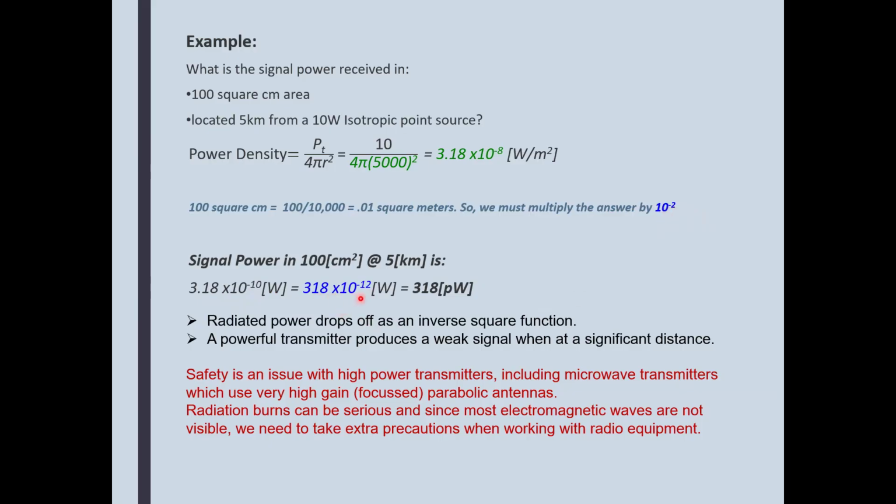So then we have 318 times 10 to the negative 12. So here, 10 plus that gives it here. So we got 318 picowatts of radiated power. So here's the answer over 100 square centimeters.